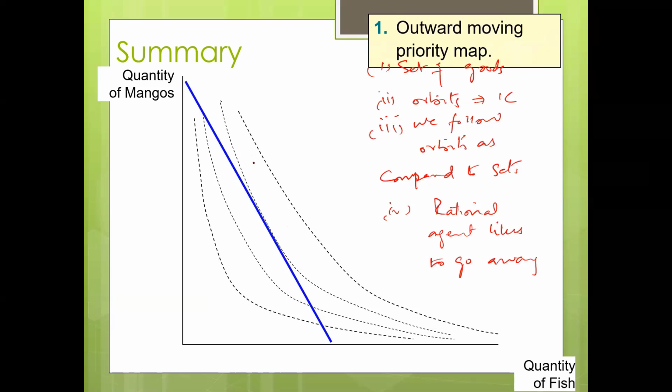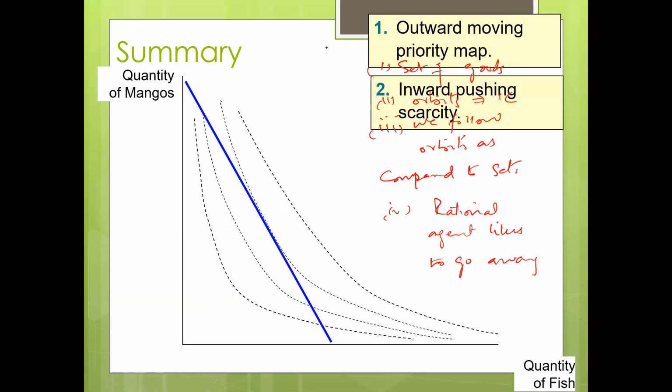But the problem is we have a budget line. So let's start it here. There is a budget constraint, so it is stopping us from going away.